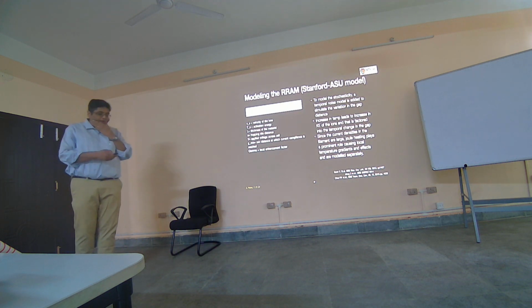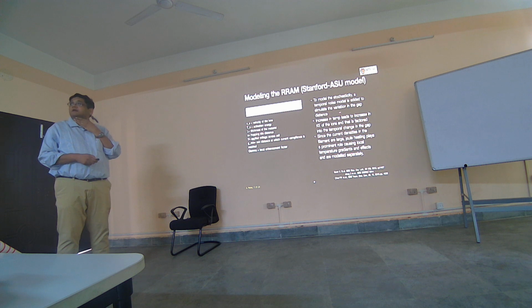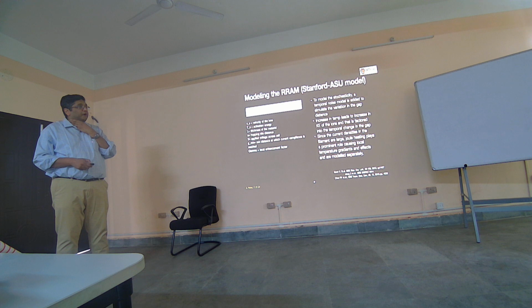This model also includes stochasticity, modeled using a noise model added to the G. It also has a temperature model built in: as you increase the temperature of the device, the kinetic energy of the ions increases, so it's easier to form the filament. That is factored into the model.